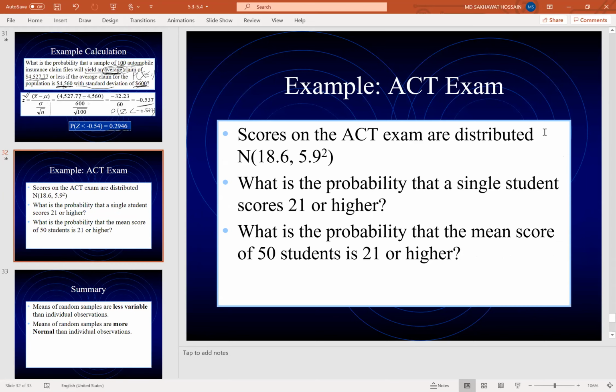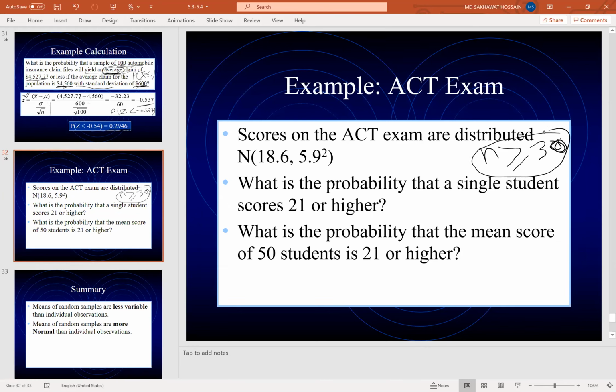So we have another example here, the ACT example. Scores on the ACT exam are distributed normally, so the actual distribution is normal. Here I need to tell you one thing. How large do we consider n as large? The rule of thumb is if n is greater than or equal to 30, usually we consider n as large.